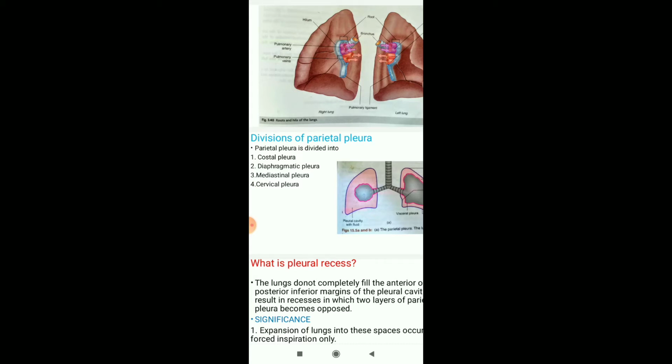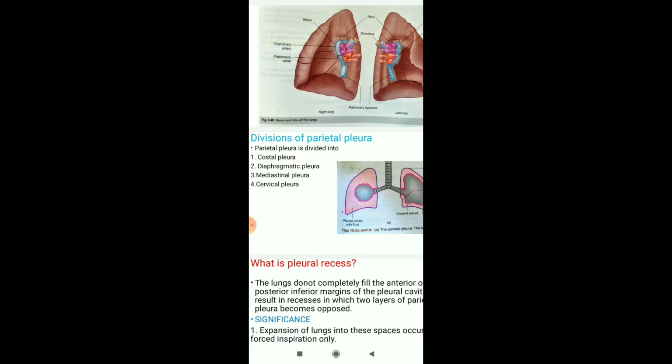The diaphragmatic pleura surrounds the diaphragmatic surface of the lung. The mediastinal pleura surrounds the mediastinal part of the lung, and it is continuous with visceral pleura at the hilum of the lung. And finally we have cervical pleura, which surrounds the apex of the lung.